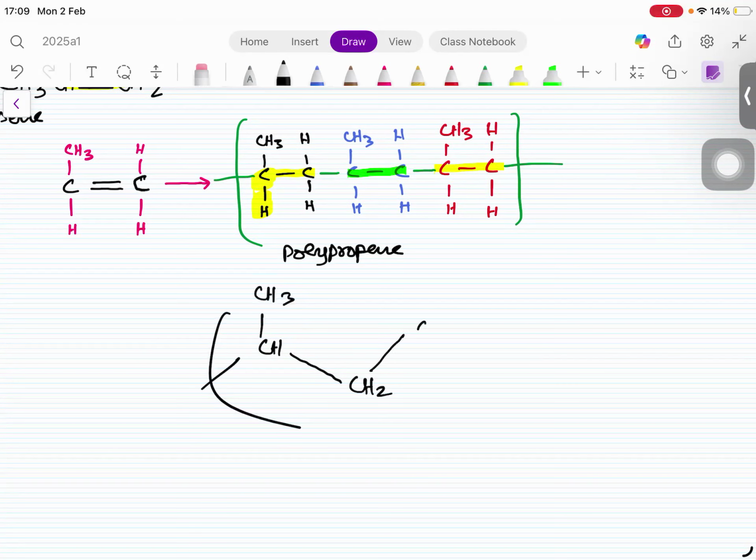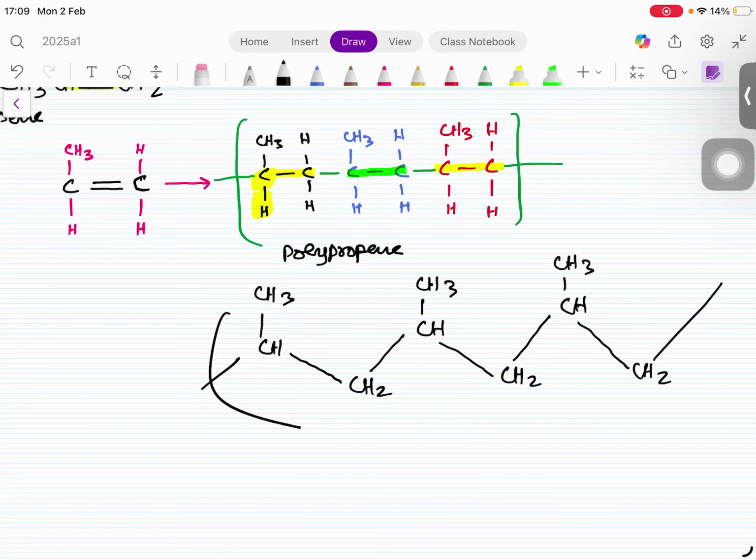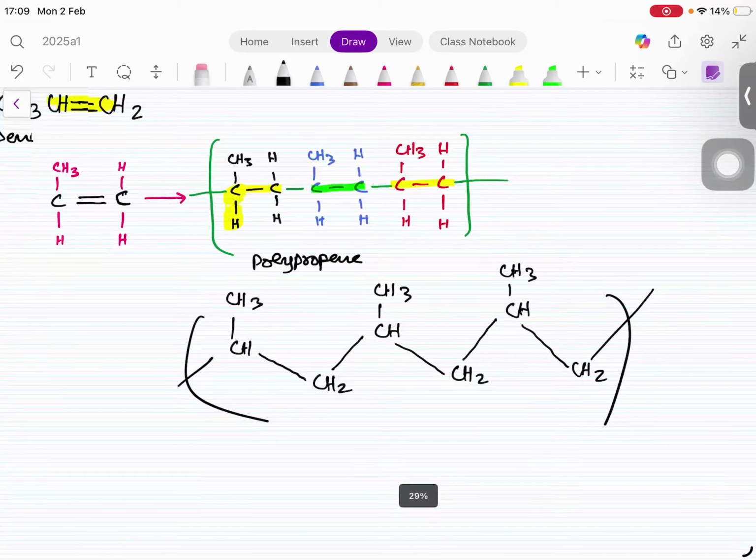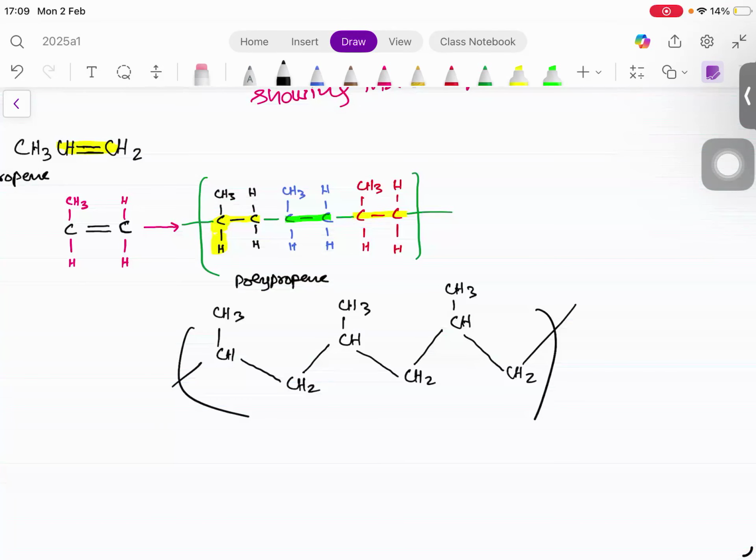CH. CH2. You see? So same thing, I have shown it like this, instead of putting in a straight chain, in a zigzag manner.